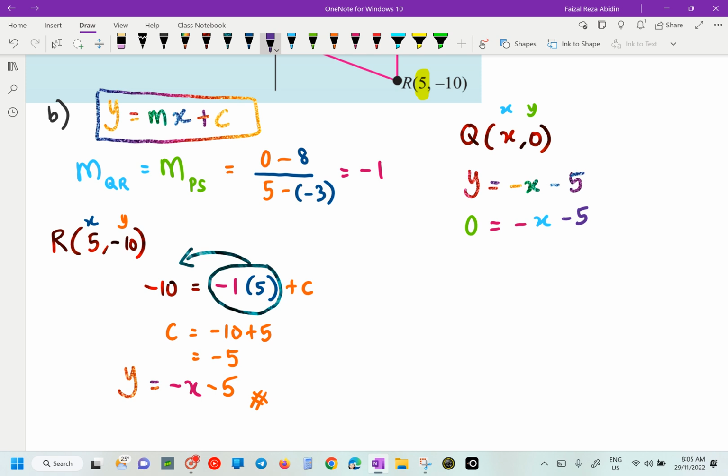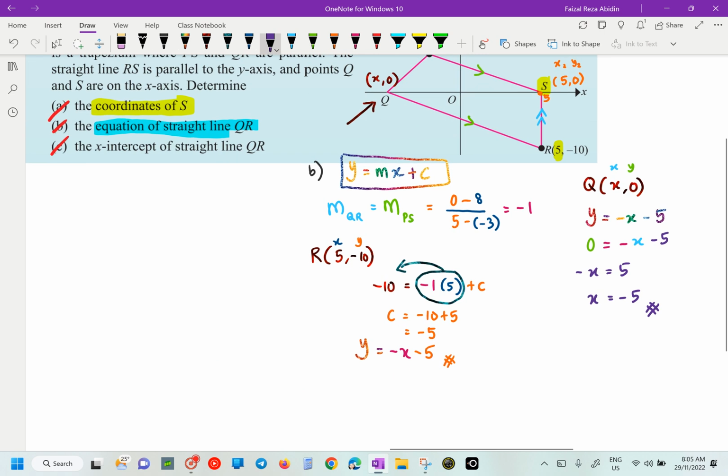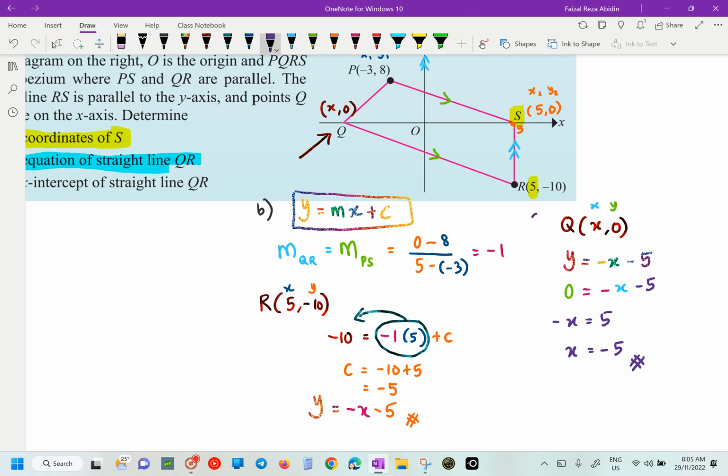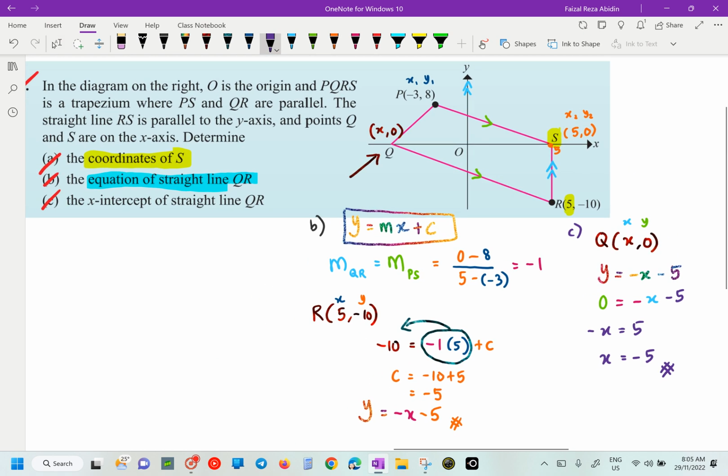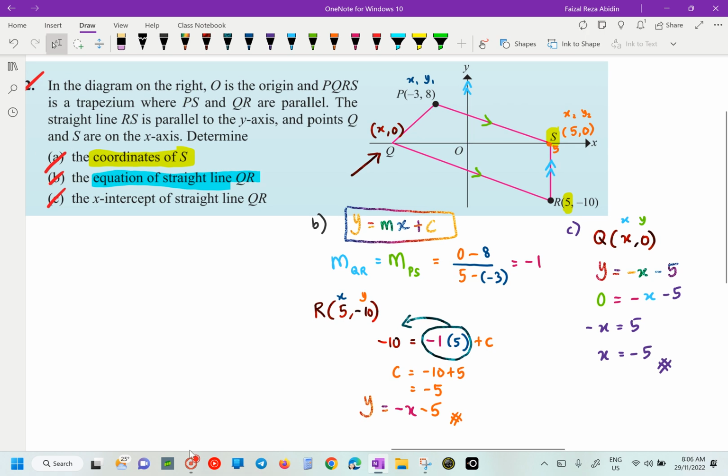Bring negative 5 to the left side, and you get negative x equals 5. We want to find x, so we multiply both sides by negative 1. So x here will be negative 5. That means our x-intercept will be negative 5. That's going to be our answer for c. That's all. Finish.